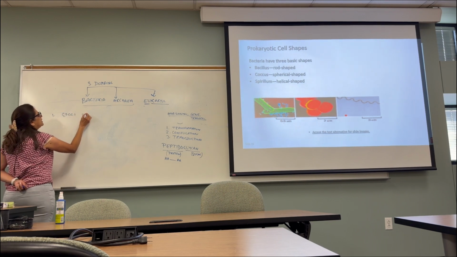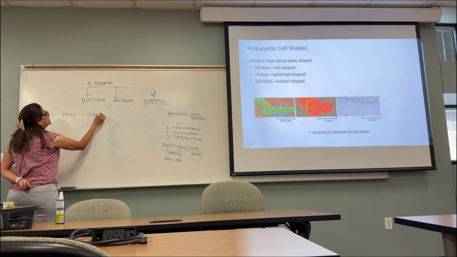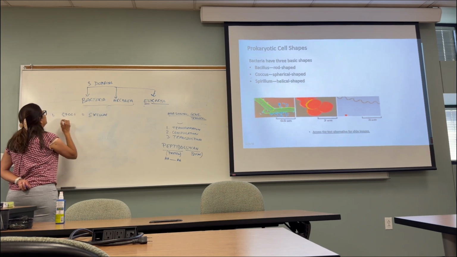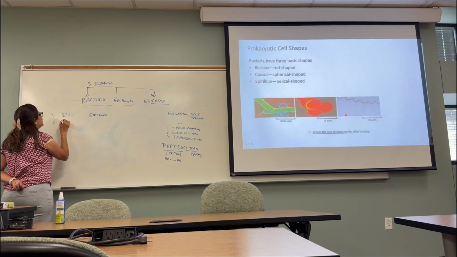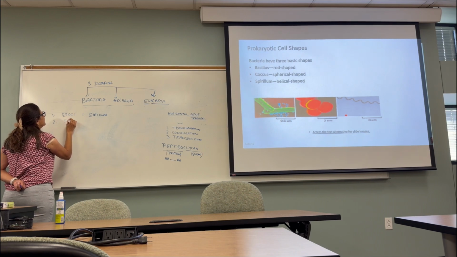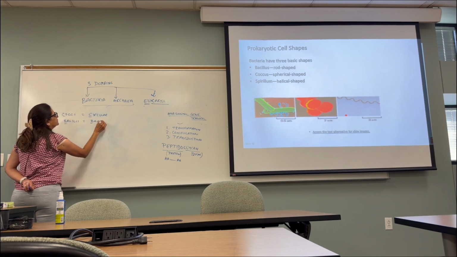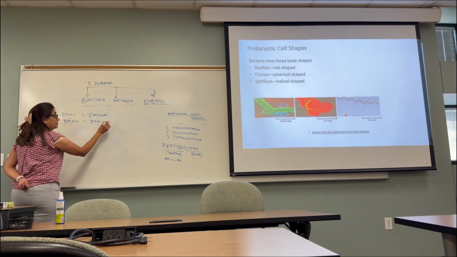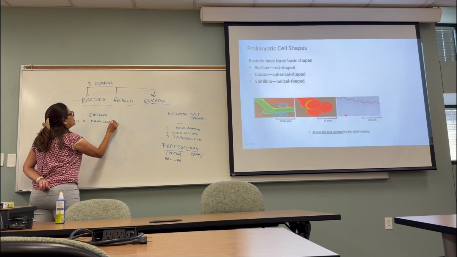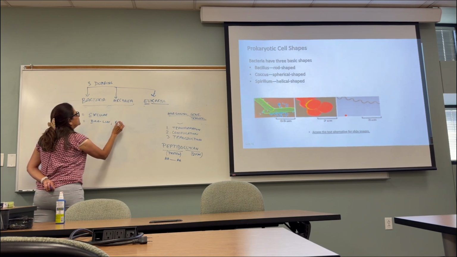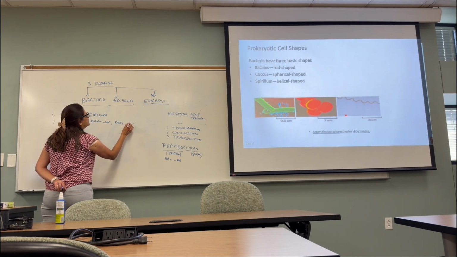Cocci means circular or round bacteria. You can memorize them like that. The second shape is bacilli. Bacilli means bar-like or brick-like. Also, they are called rods because they look like this.